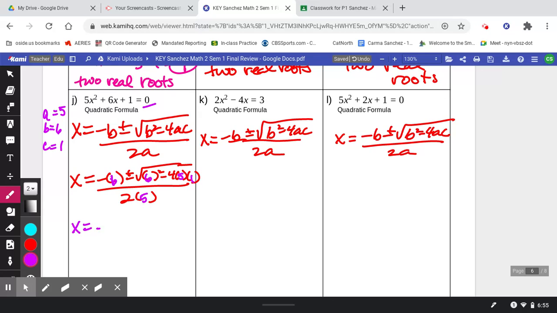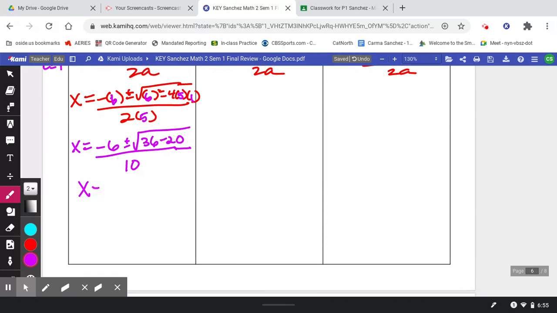And now we simplify. Negative 6 plus or minus square root of 36 minus 20. Now it's negative 4 times 5 is 20 times 1. Negative 6 plus or minus root 16 is going to give us negative 6 plus or minus 4.